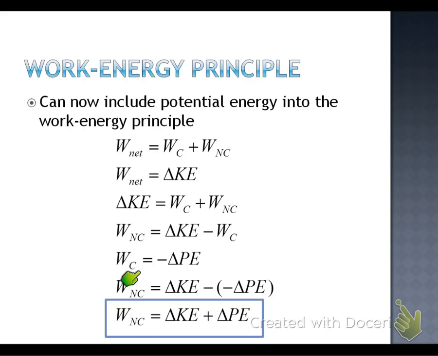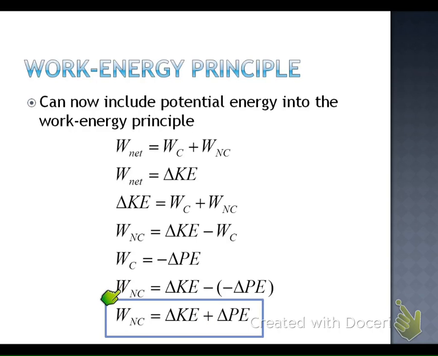So the work done by conservative forces is equal to negative delta potential energy. Why would it be negative? Any idea? Yeah, because it's going to be maybe a gravitational force, or our coil, our spring.